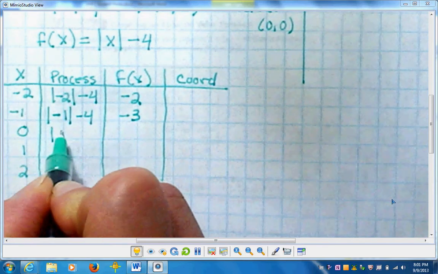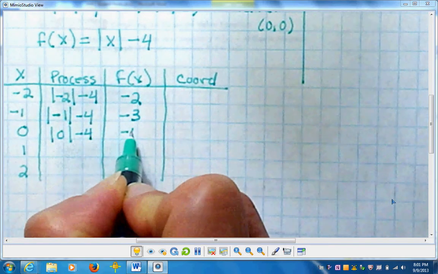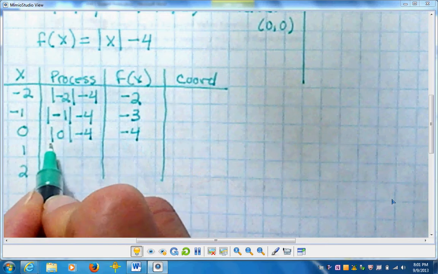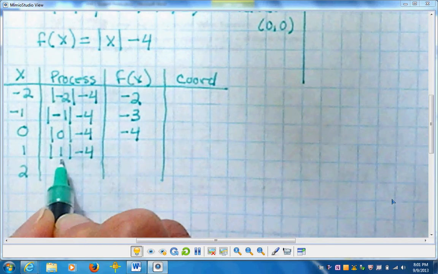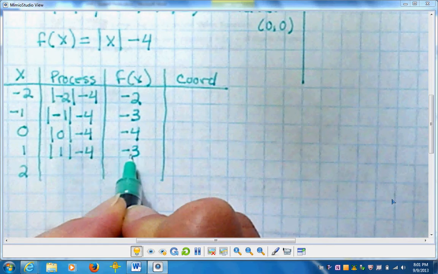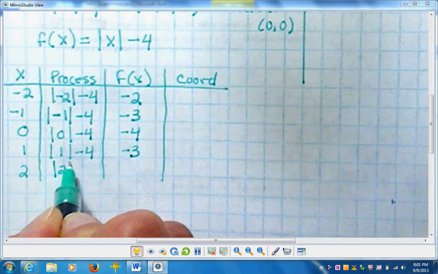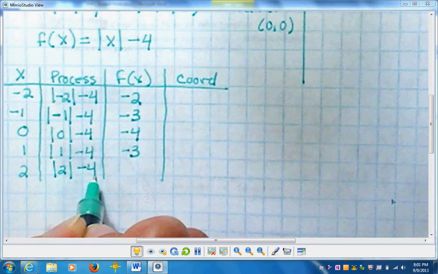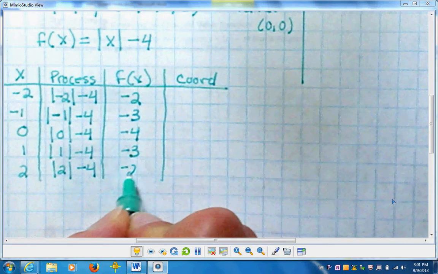The absolute value of 0 minus 4, well, that gives us minus 4. The absolute value of 1 minus 4, well, that's the same as 1 minus 4, which is negative 3. The absolute value of 2 minus 4, well, that's 2 minus 4, which gives us negative 2.